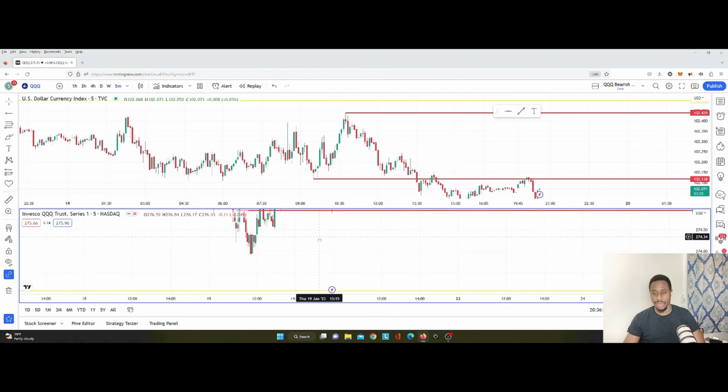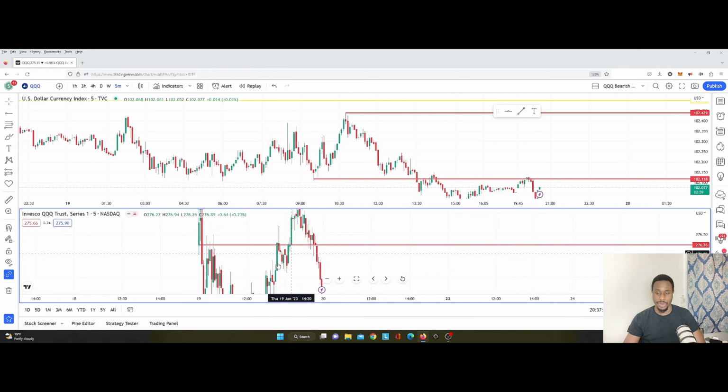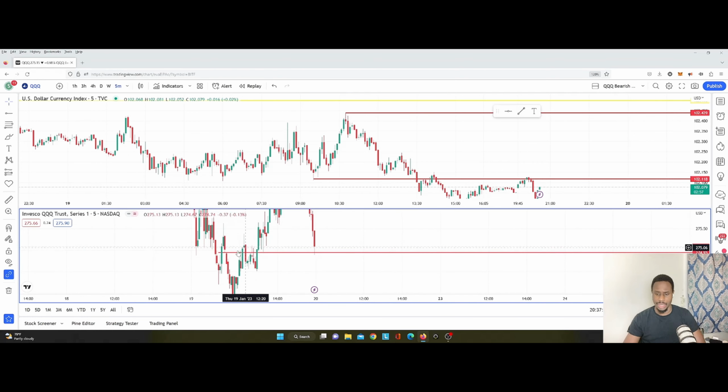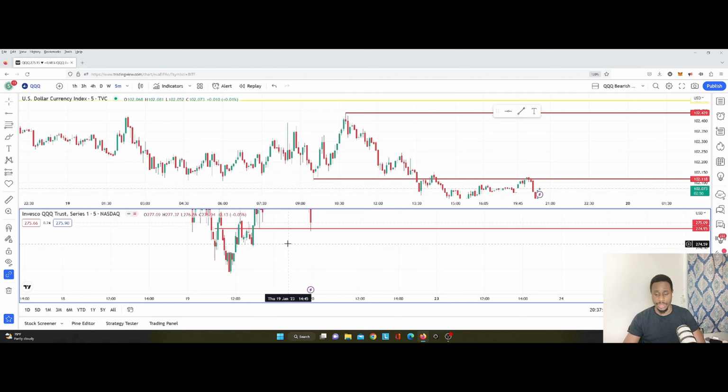And let's look at how that would have played out. Yes, you'd have taken some drawdown. This is 10:50. You'd have taken some drawdown, and you'd have to be able to hold through this.